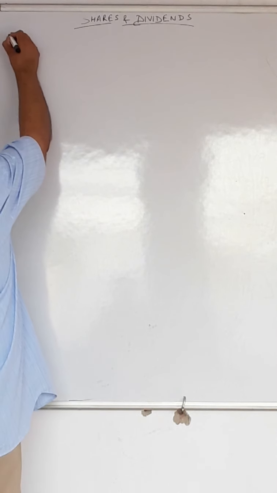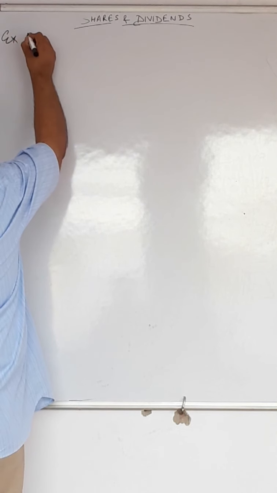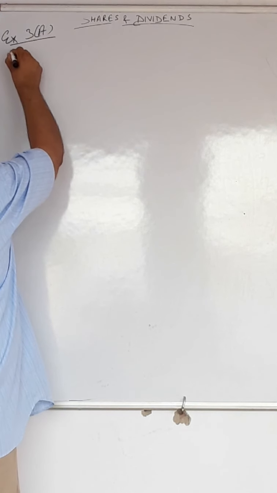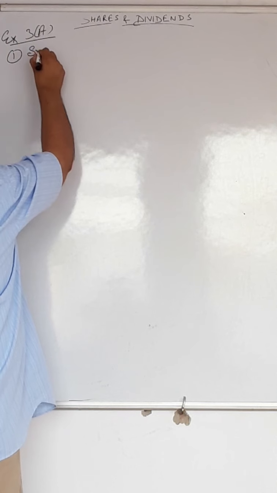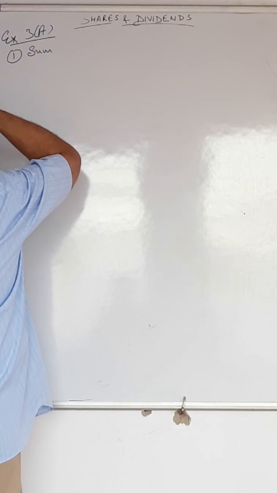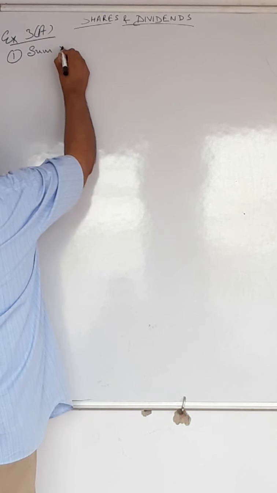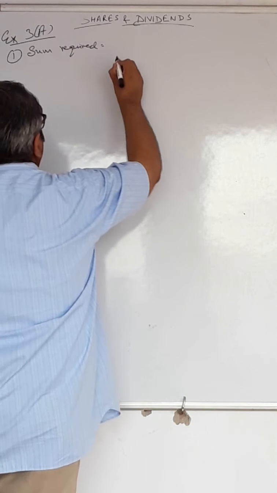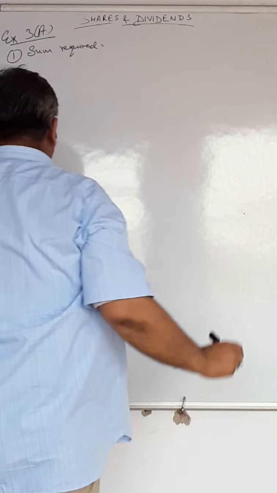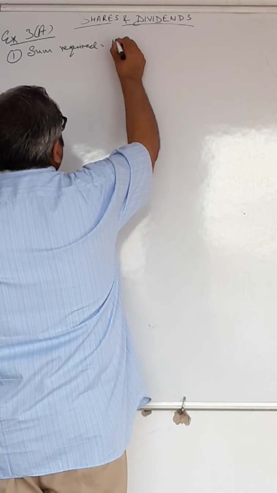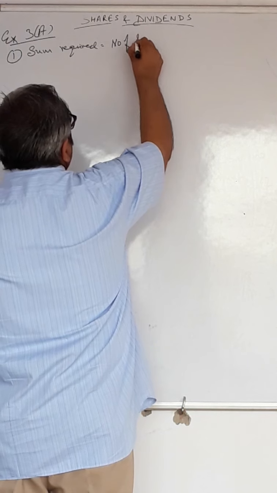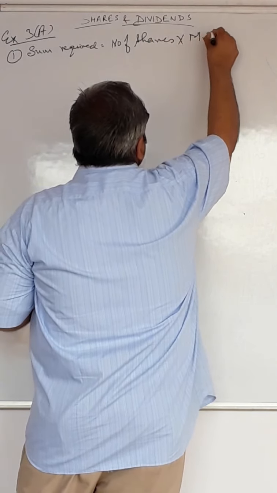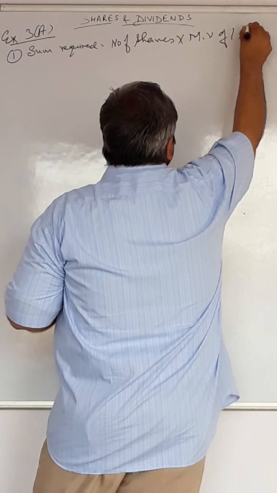Question of exercise 3A, question number 1. Sum required is equal to number of shares into market value of one share.